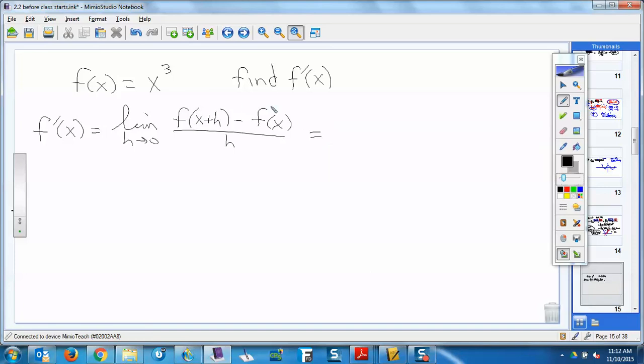So what's f of x plus h? Take the x plus h and plug it in for the x. So it'll be x plus h cubed minus f of x. F of x is just x cubed, all over h.